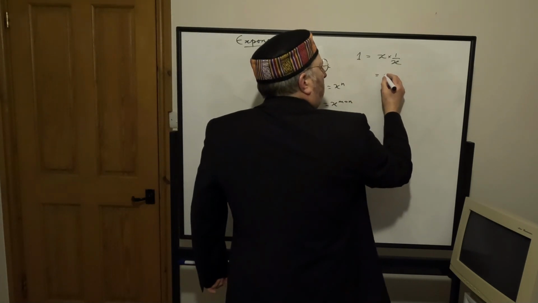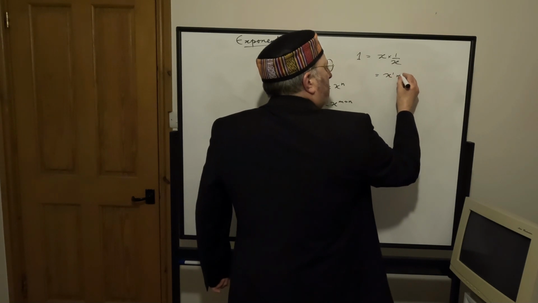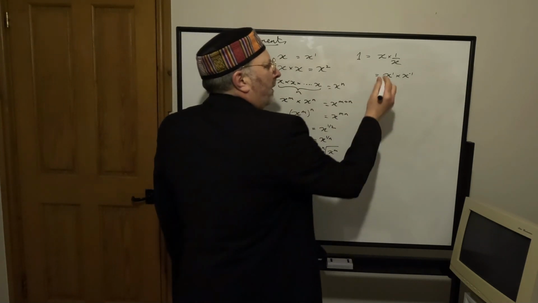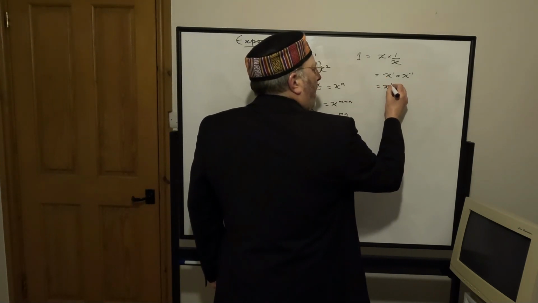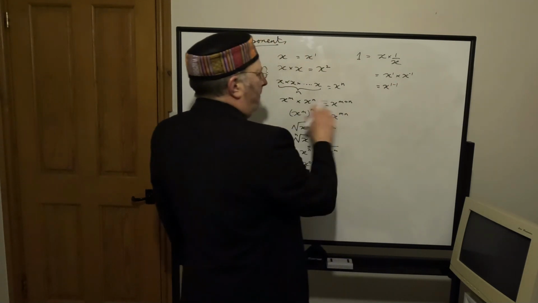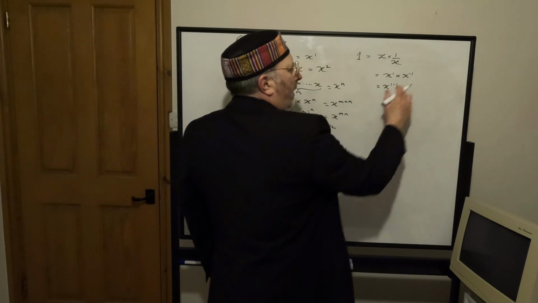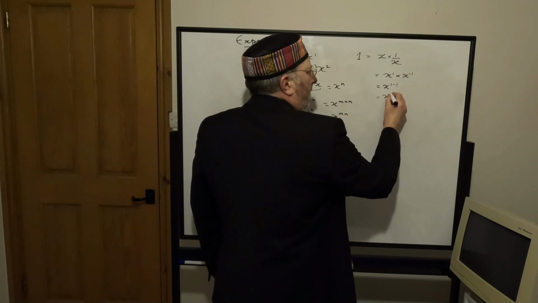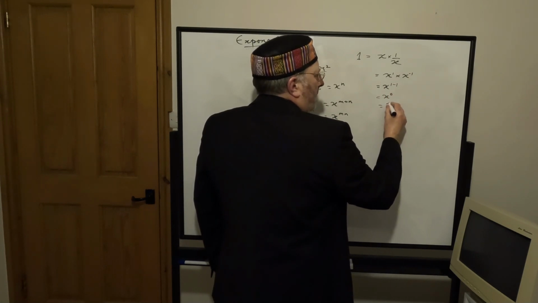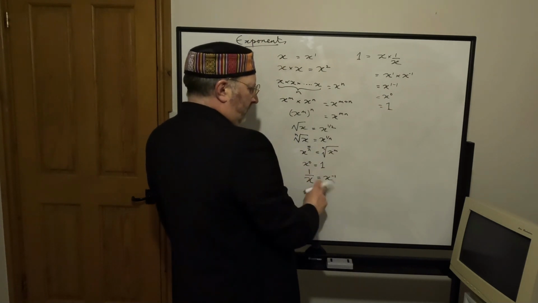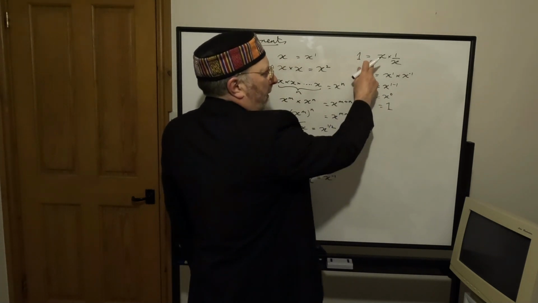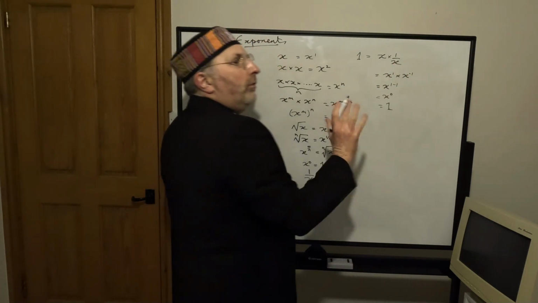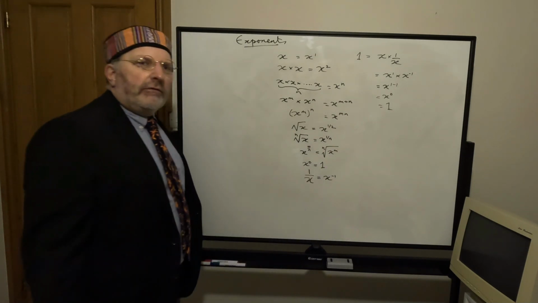Now, x times 1 over x is x to the 1 times, I've just said 1 over x is x to the minus 1. So that's going to be x to the 1 minus 1. We add them together, so that's 1 plus minus 1, well, 1 minus 1, which is 0. And indeed, x to the 0 is 1, which we said here. So it should be 1, and indeed it is 1. So if we write 1 over x as x to the minus 1, then this all works. So that is why 1 over x is x to the minus 1.